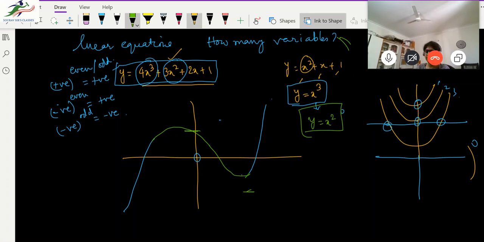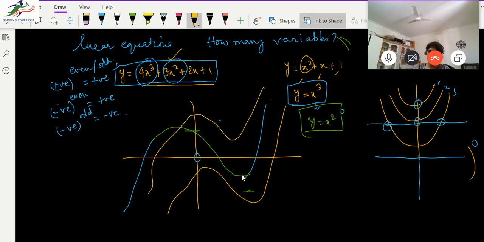The other possibility is that the curve can do like this, or it can do like this. However, what it cannot do is this. It cannot just touch, go up and come down. This is not possible.